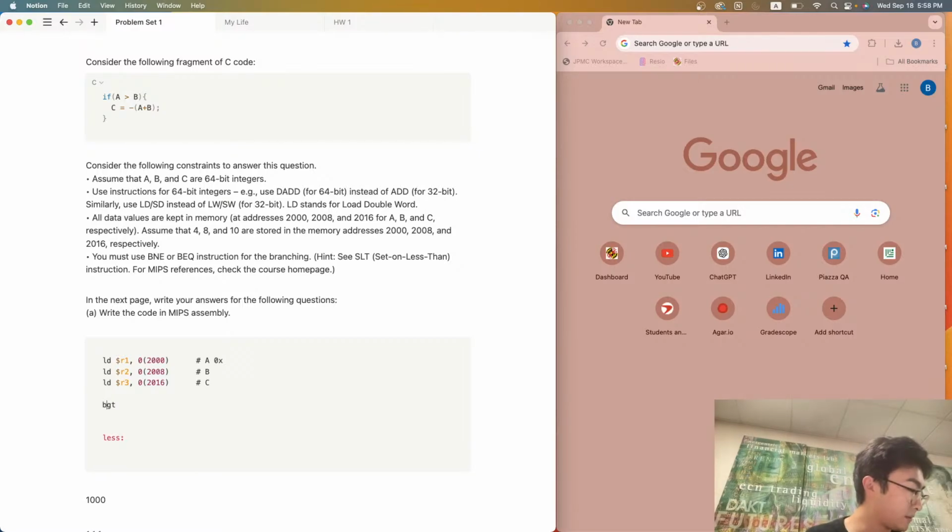So yeah, if the value of A is greater than the value of B, then let's jump to less.